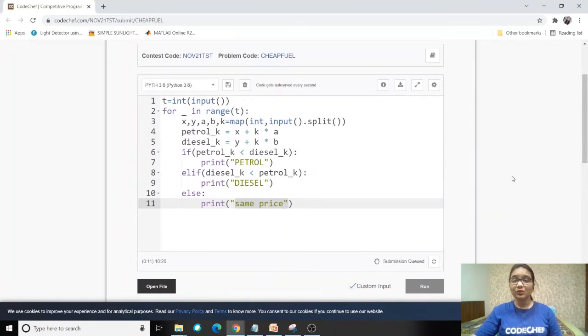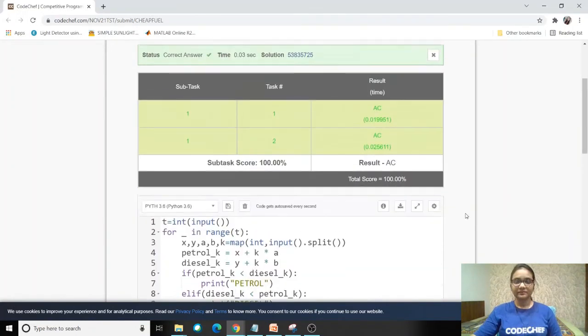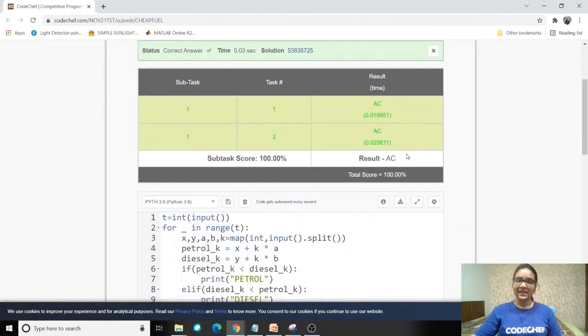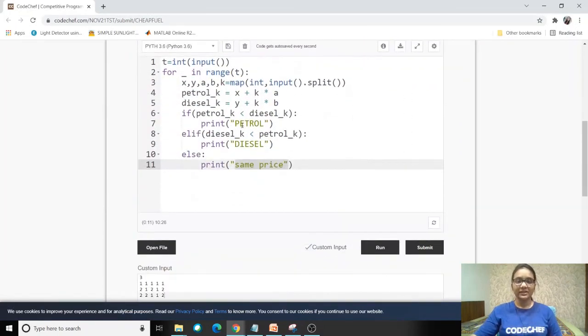So we will come to know what kind of output is acceptable. Let's wait. Yes, so our solution is getting accepted. So now you know that you can print this petrol, diesel, same price in either all uppercase characters or all lowercase characters. Both of them are acceptable. So I think we are good to go.